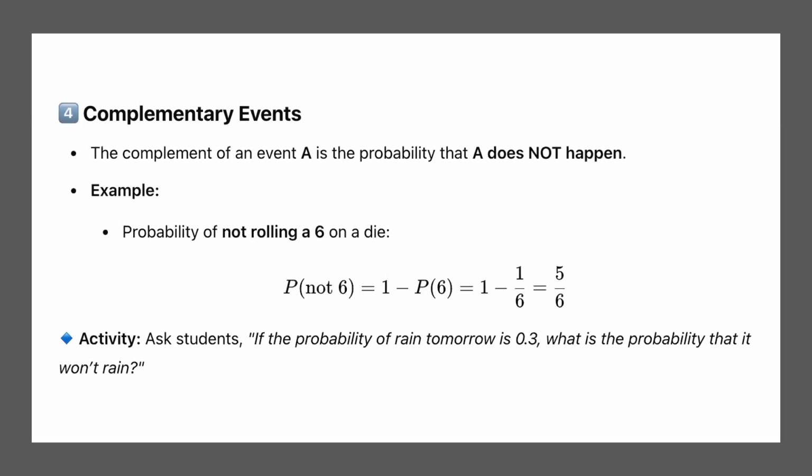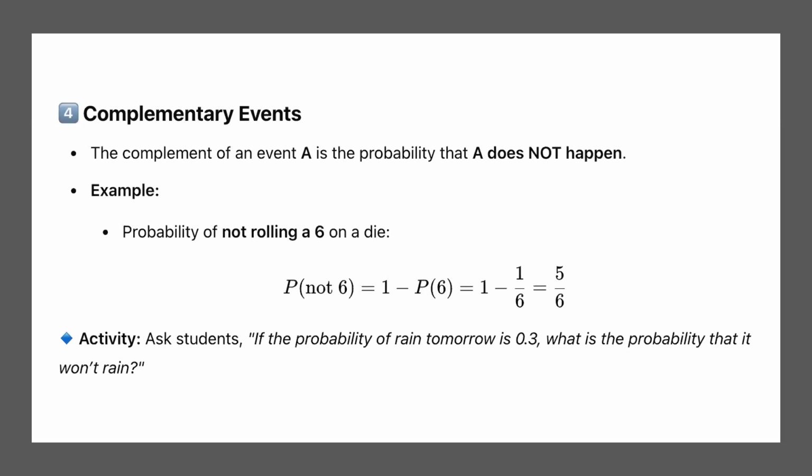We just discussed how to calculate the complementary event. Great, Prashant. The answer is 0.7.